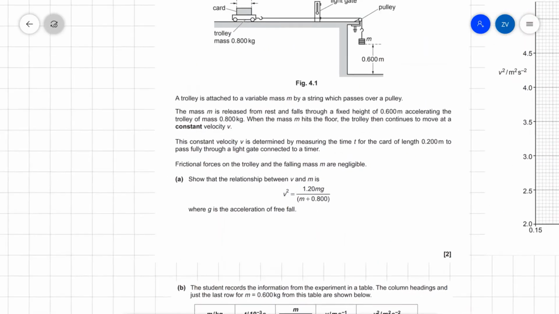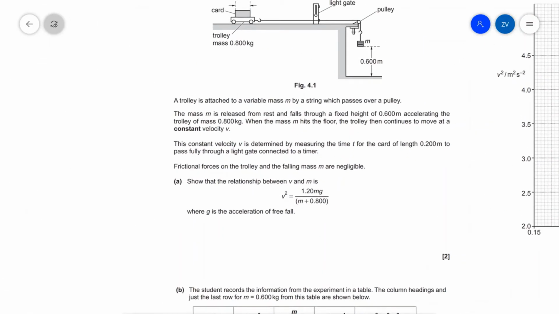Now, in this case, we have a conversion of gravitational potential energy to kinetic energy. So we can just write that down. Our change in gravitational potential energy, GPE, is going to get transferred to the change in kinetic energy.